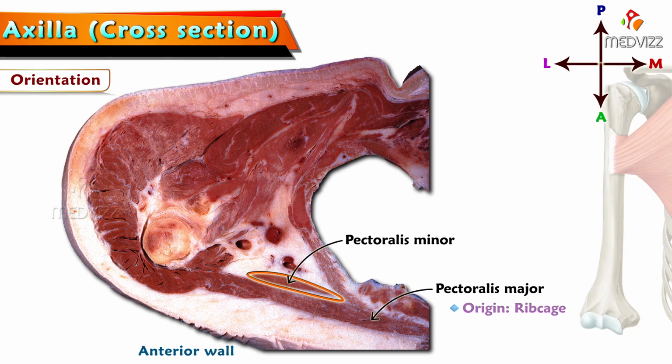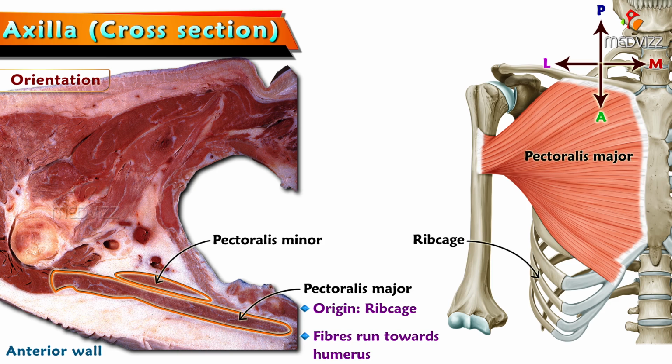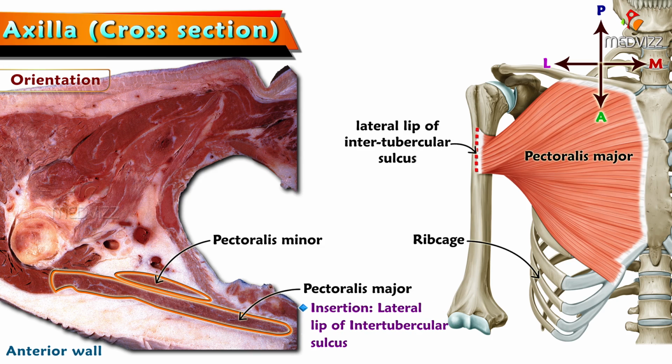Pectoralis major originates from the rib cage, where the fibers of this muscle are towards the humerus. Here this whole muscle is pectoralis major, which is inserted to the lateral lip of the intertubercular sulcus.